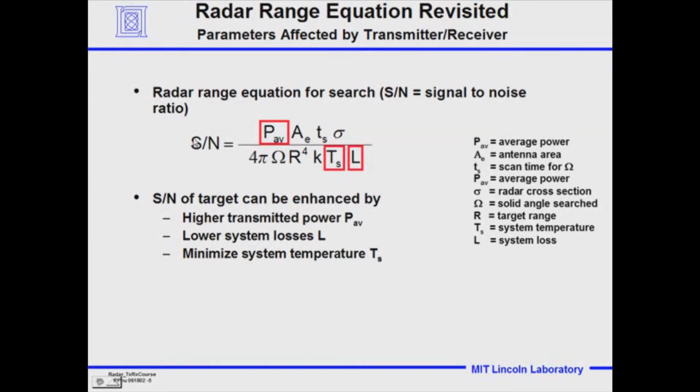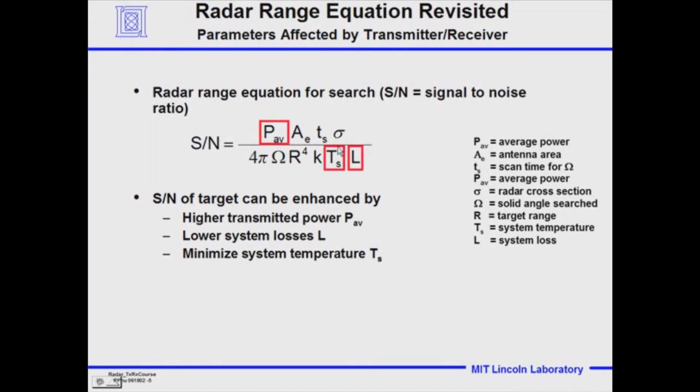The most important thing we obviously want to do is maximize the signal-to-noise ratio, how strong the target is relative to the noise, because that's a very strong function of how far we can detect a signal. And we have three things in the transmitter-receiver chain that come into play in the radar equation: the average power of the radar, and then the system noise temperature, and the system losses.